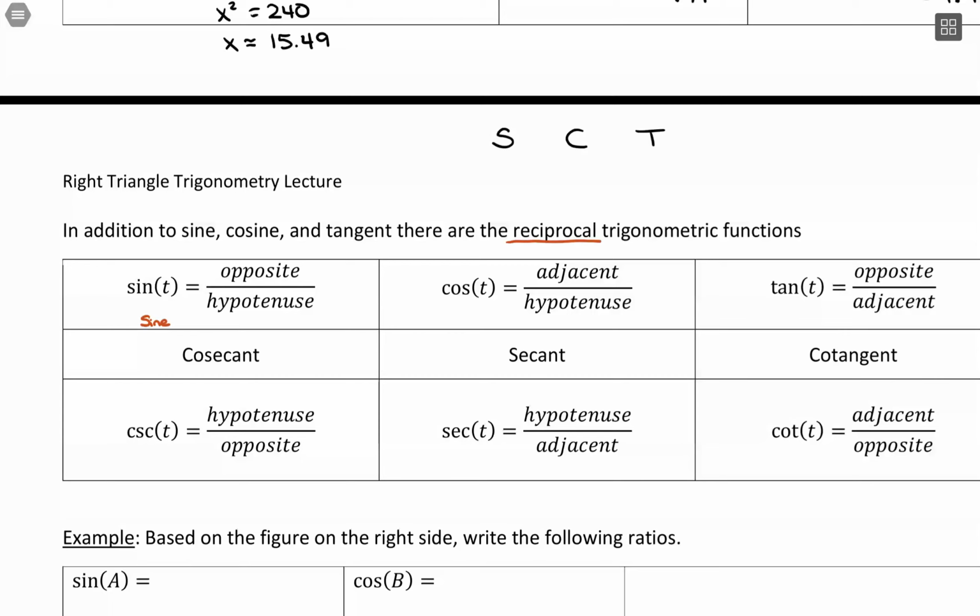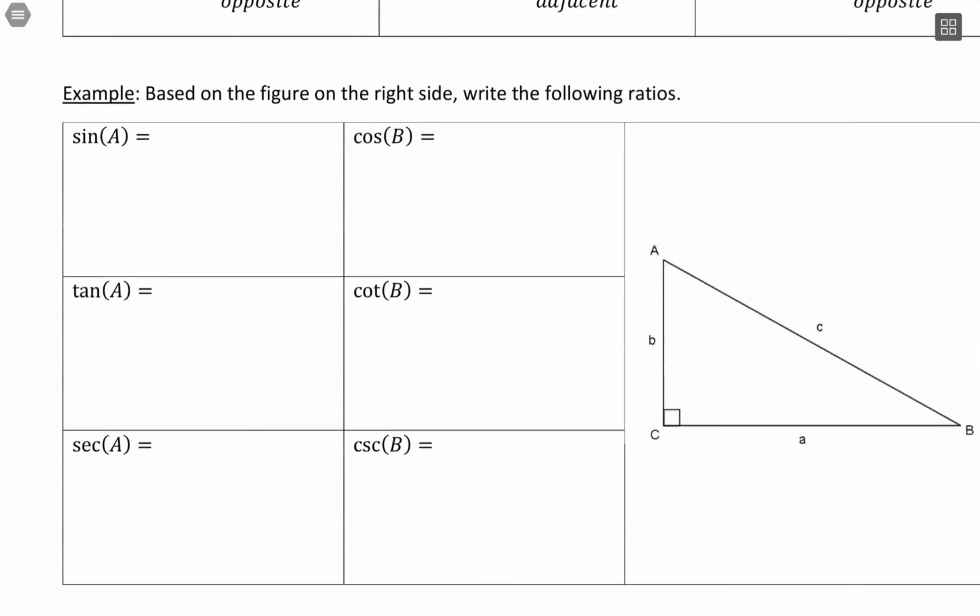In the reciprocal functions, we go cosecant, secant, cotangent. So I think of it as writing out the cosecant function there. Those are different ways to remember it, but what's really important is sine, cosine, tangent, and then it's just a matter of pairing up what their reciprocal functions are.